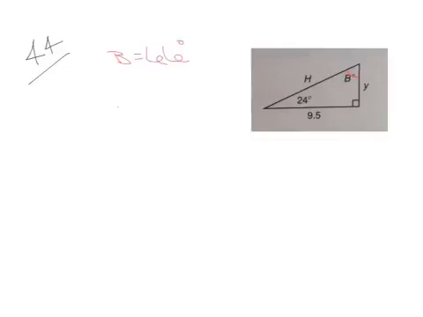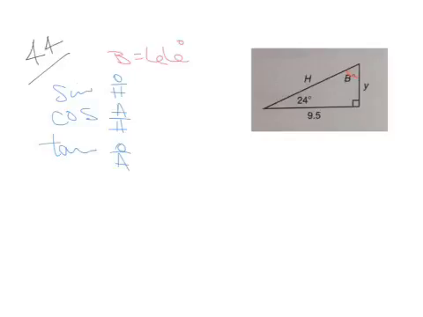Alright, so if we look at B, what information do we know? We know the line segment across from B, or the line segment opposite B. So we need to use a trig function, whether it be sine, cosine, or tangent, that has in its ratio opposite over hypotenuse, adjacent over hypotenuse, or opposite over adjacent, SOHCAHTOA.